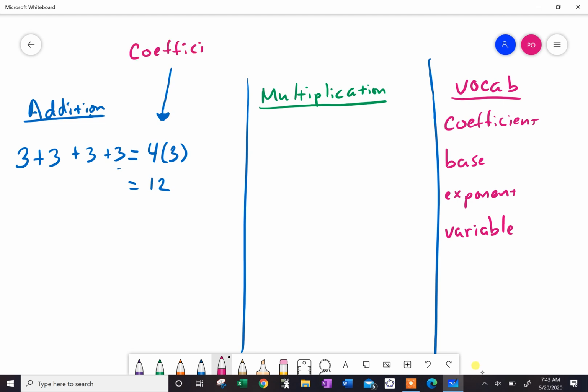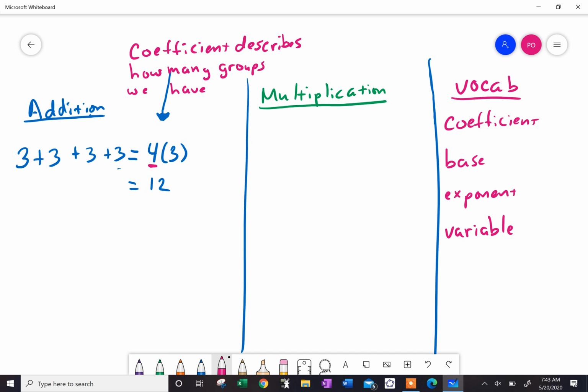The coefficient is a number that describes how many groups we have. And in this case, it is 4. We had 4 threes. So 4 is my coefficient, and 3 is what we're adding over and over and over again.